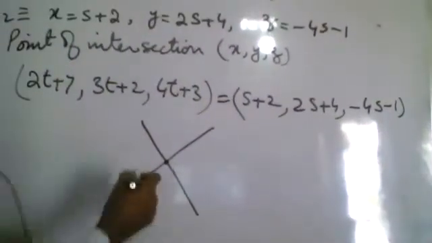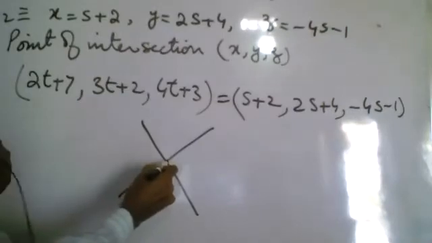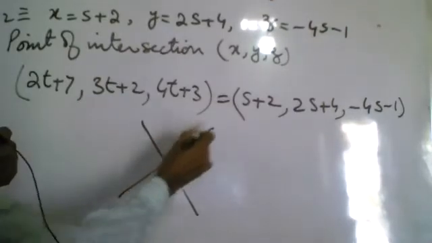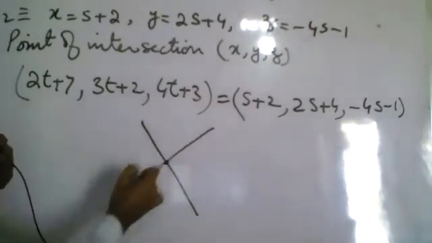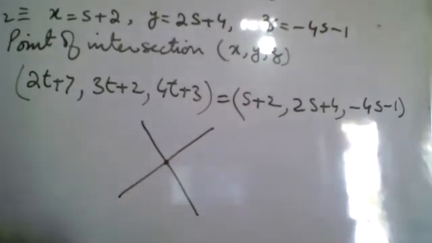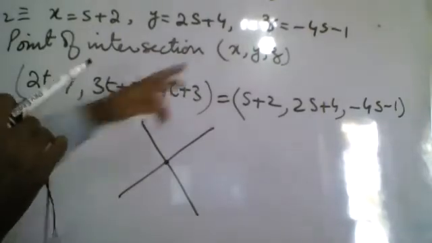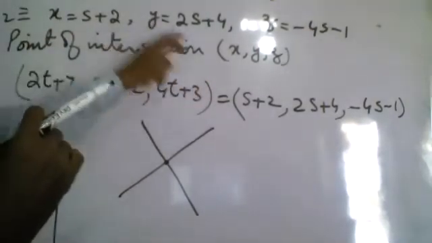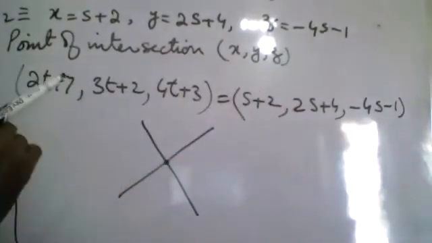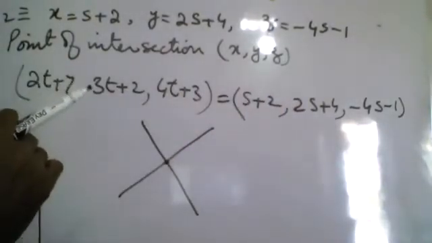The point of intersection is always on both the lines, the same point on this line as well as on this line. So XYZ will be this one on this line, and this one on this line. Both are the same, both are equal.